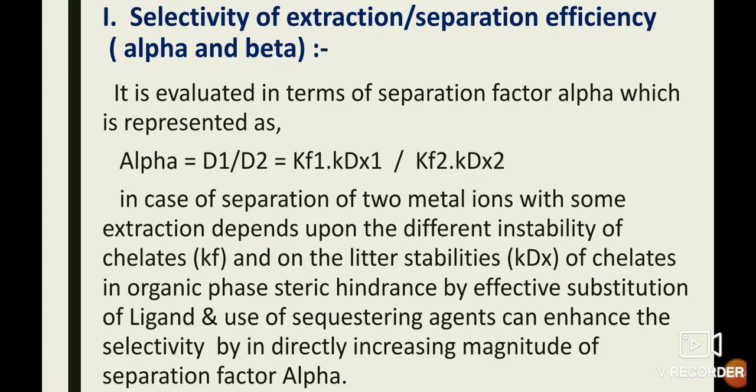This is equal to the formation constant of one metal times the distribution ratio of ligand with that metal, divided by the formation constant of another metal times the distribution ratio of ligand with the other metal.